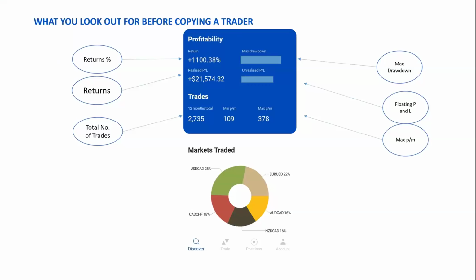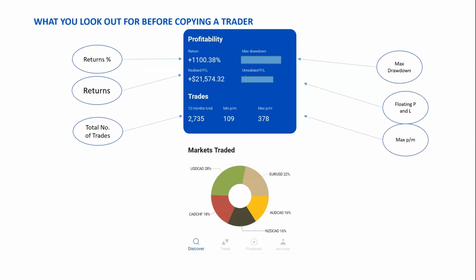So the next one is what you look out for before copying a trader, which I've already said. You can see this guy here, 12 months total. You can see the total number of trades, which is over 2,735. You can see the max drawdown and the unrealized P&L, which is the current profit and loss, about 21,574 US dollars.